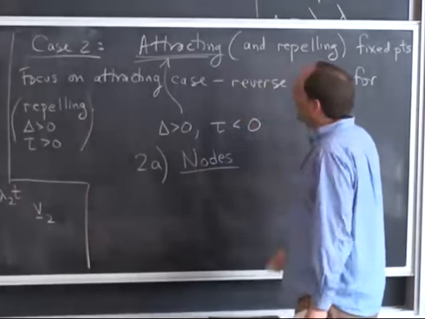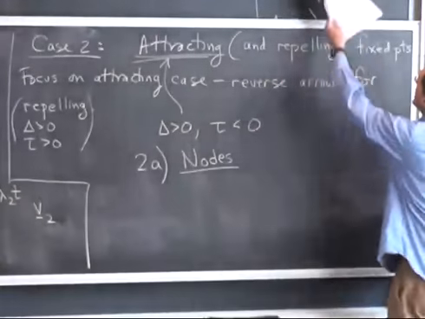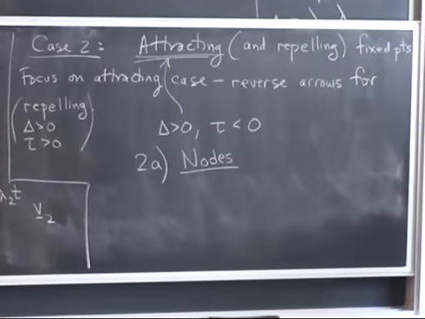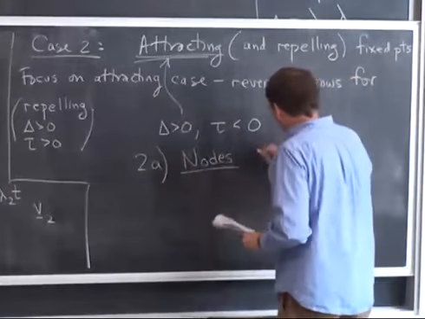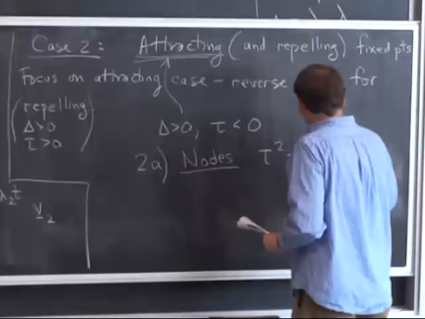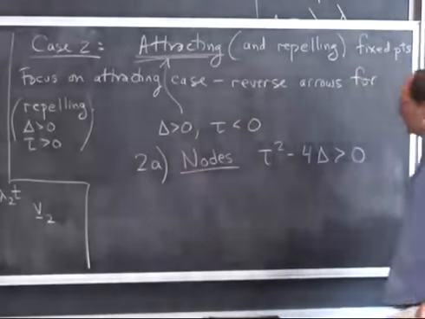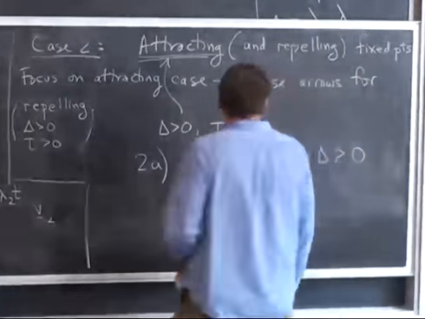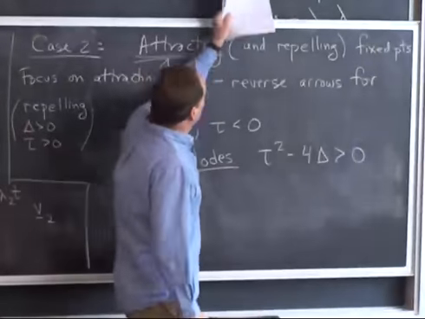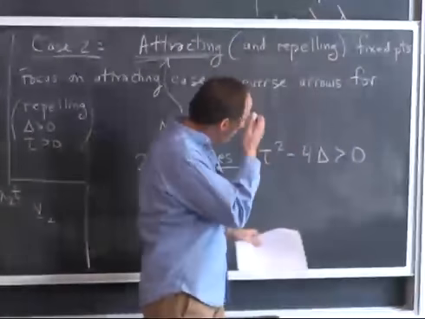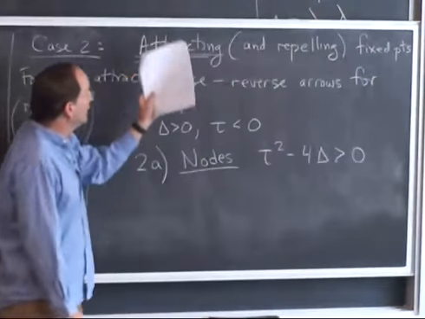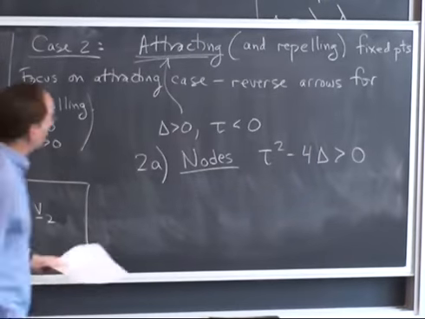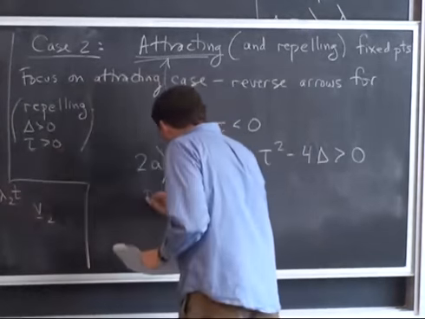And what controls them is the square root. So a node will have a real square root. That is, tau squared minus 4 delta is positive. And so in the case where we have this tau squared minus 4 delta positive, then you can see that both the lambdas are real. And so they have the same sign.